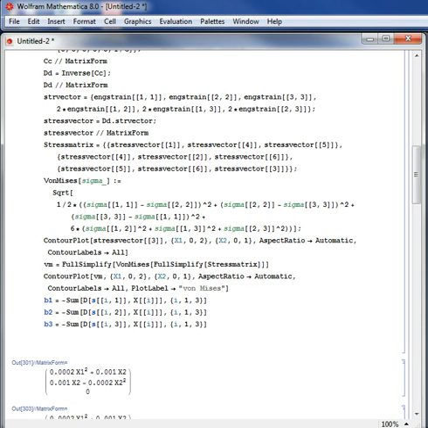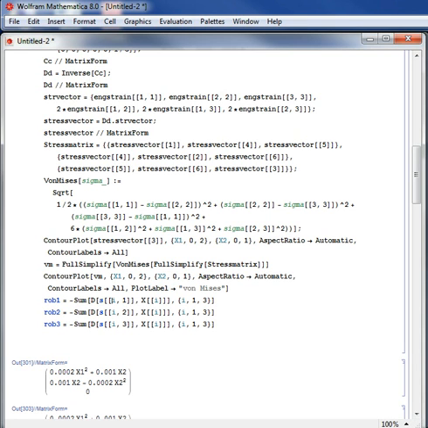When you look at your equilibrium equations, rho B1 and rho B2 and rho B3, they're equal to partial sigma 11 by partial x1 plus partial sigma 21 by partial x2 plus partial sigma 31 by partial x3. And this is what this sum function does.